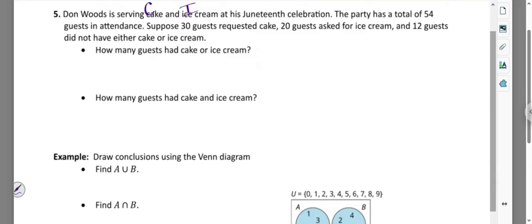So we know we have 54 people at the party. We know 30 people requested cake. We know 20 people asked for ice cream. And we know 12 had neither of those.